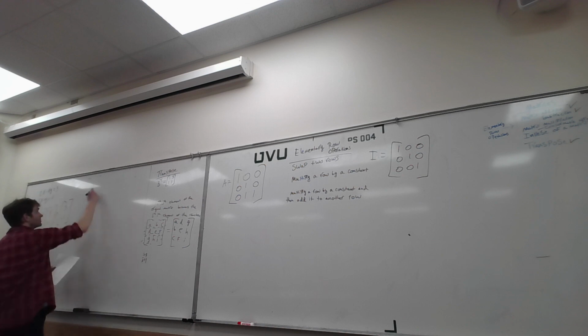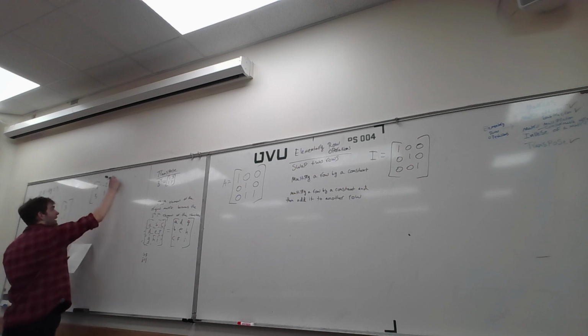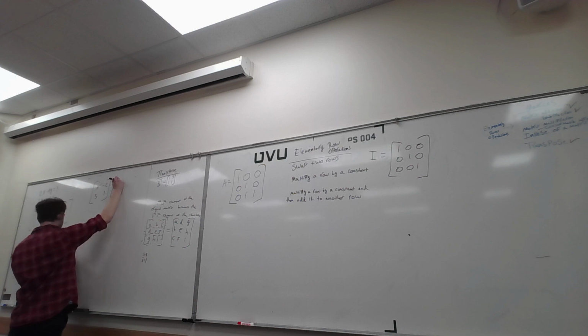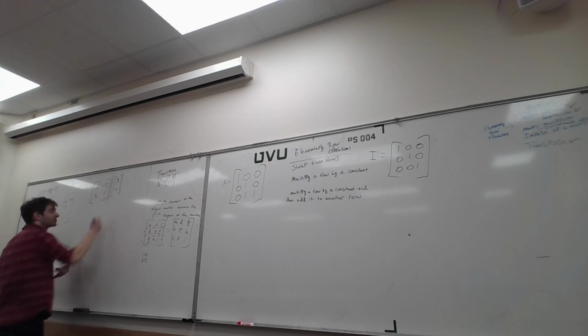So I have this matrix with a 1 and a minus 2 and a 3 and a 1, and I have the solution, 3 and minus 1. This is what we call an augmented matrix.